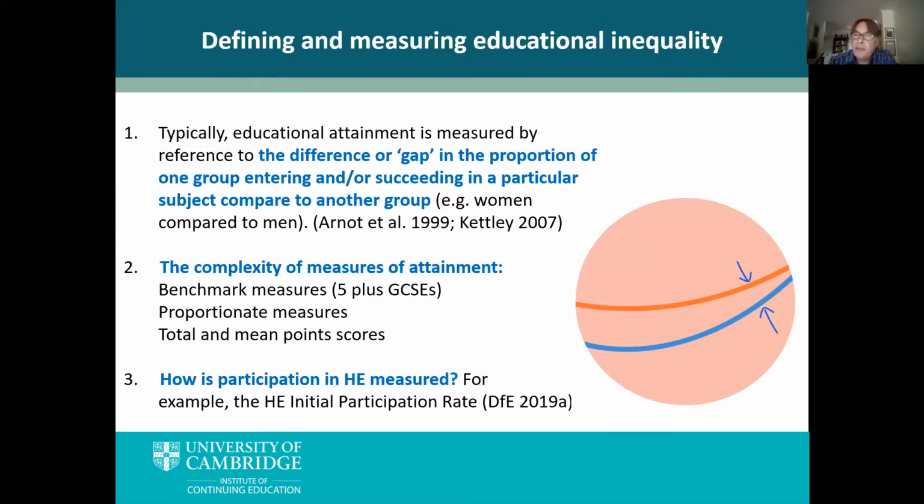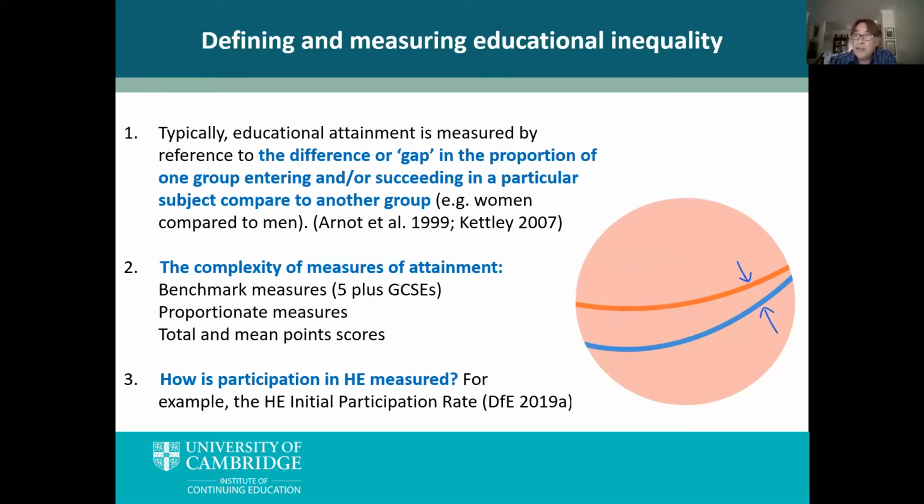And finally, if we think about participation in higher education, a standard way it's measured by the Department for Education is the Higher Education Initial Participation Rate, which looks at the likelihood of young people entering higher education before their 30th birthday.